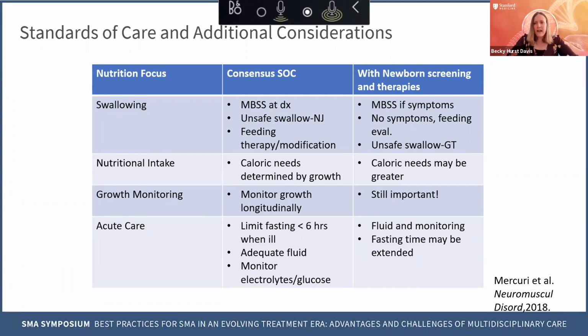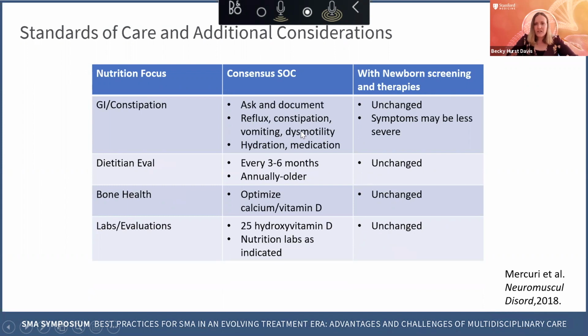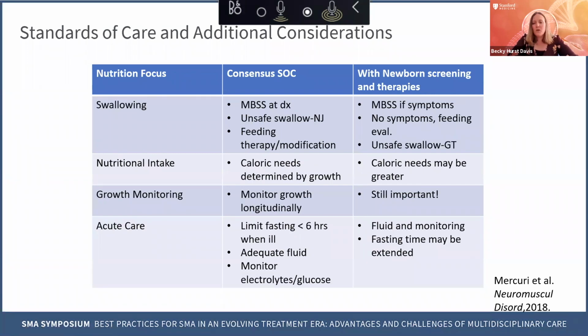We recommended this as opposed to just a feeding eval, because we saw a lot of silent aspiration in these kiddos back then. Right away, we would have some aspiration issues, some reflux. And so we would go right into a nasojejunal tube if they had an unsafe swallow.